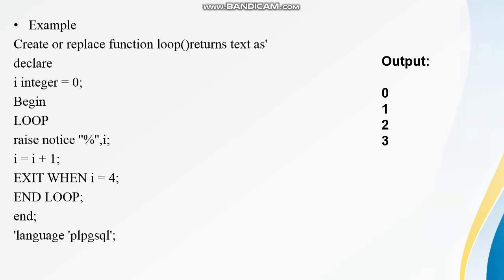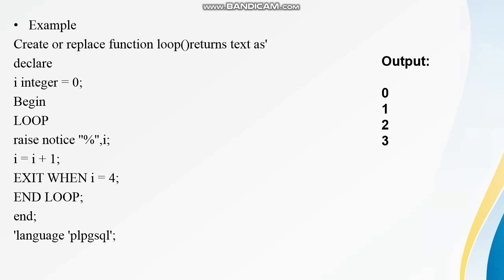Then to begin the block we use the keyword BEGIN, then LOOP to start the loop. RAISE NOTICE '%', i, which means it is going to print the value of i.